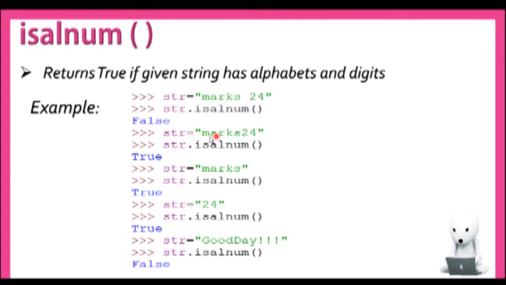If I store str marks 24 without any spaces, it returns value true. If I store only alphabets, again returns value true. If I store only digits, it returns value true. And if I store any other special characters, if for example exclamation sign is stored in this string, it returns false.